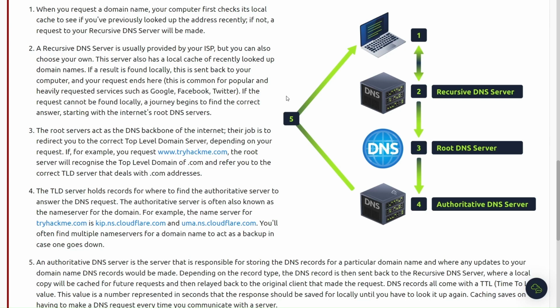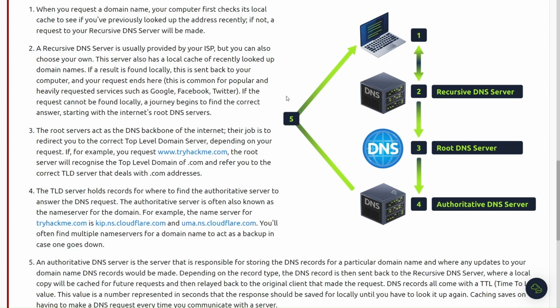This server also has a local cache of recently looked up domain names. If a result is found locally, this is sent back to your computer, and your request ends here.